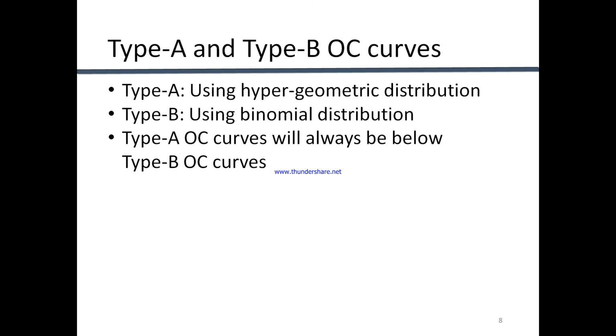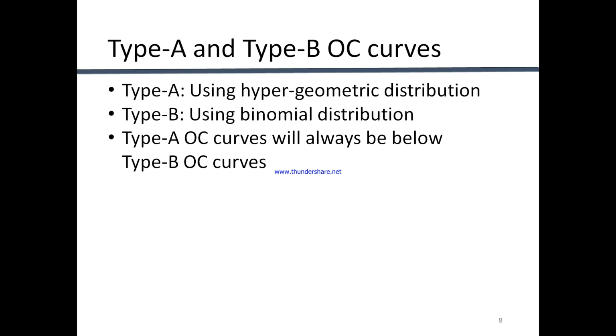In this case, there are two types of OC curves. When you draw the OC curve, you have a lot, you take a sample, and you count the number of defectives in the sample. If the number of defectives in your sample is less than or equal to the predefined C value, we accept the lot.